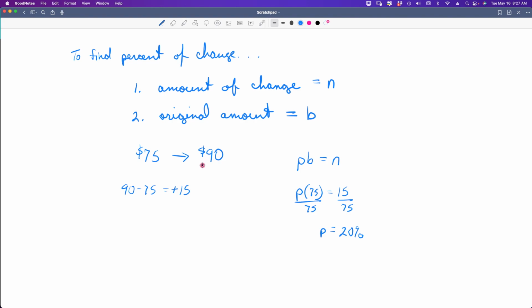So rather than using the basic formula for percent, you can think of percent of change as the ratio of the amount of change over the original amount.